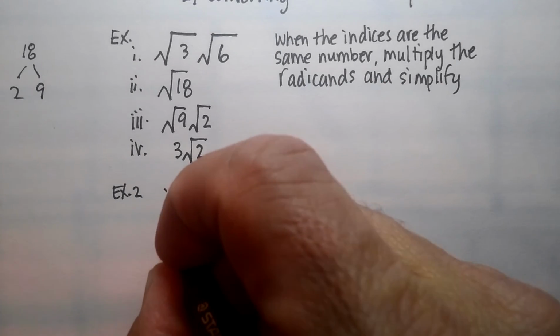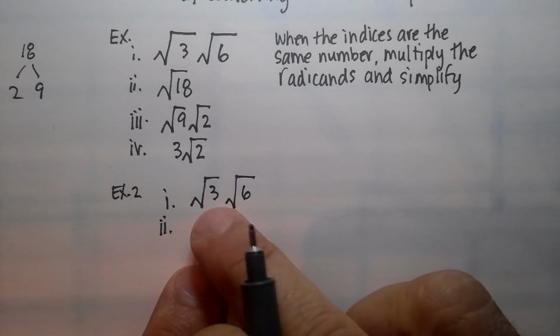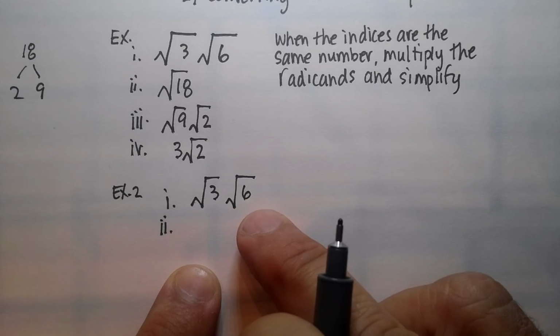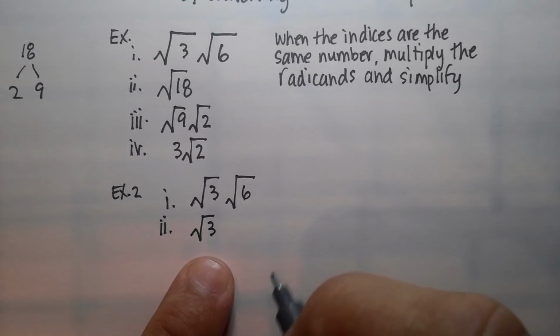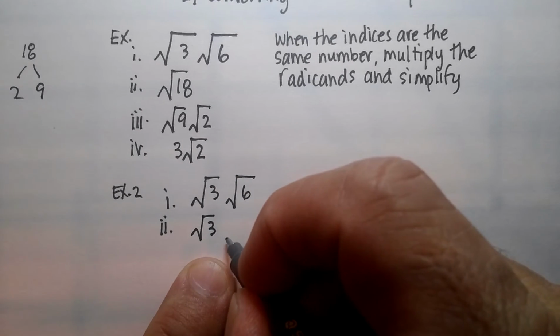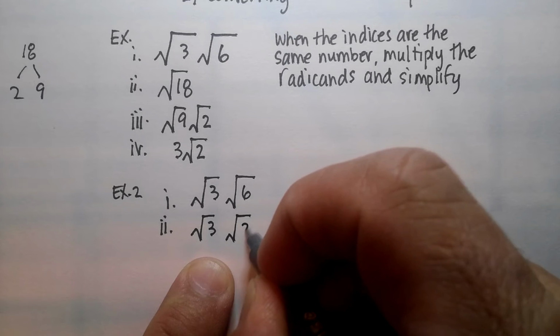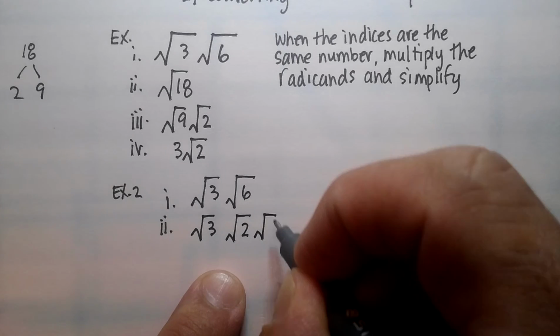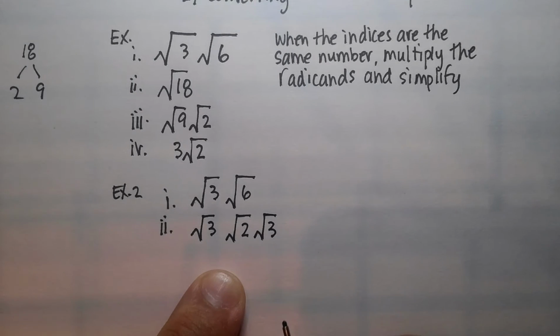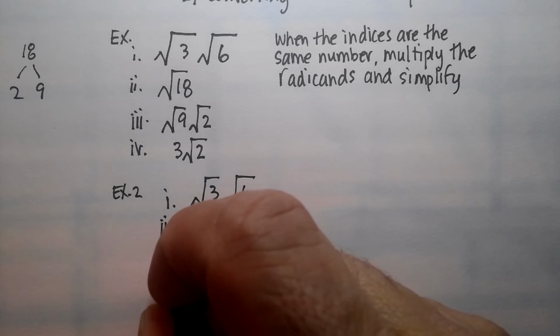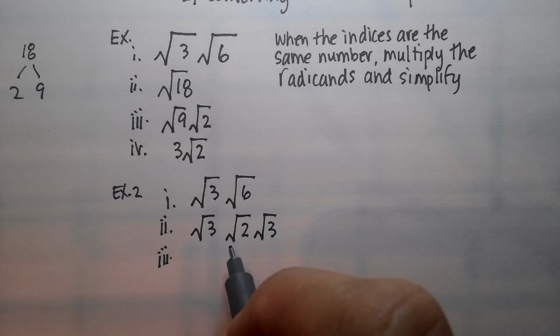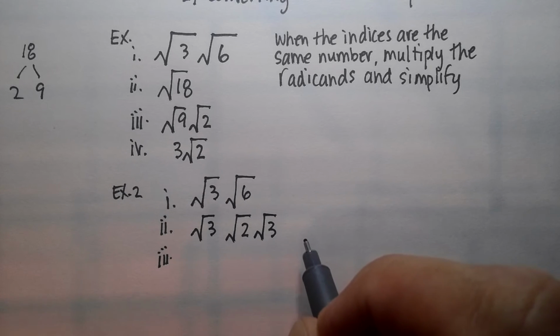Now in this method, what we're going to do is prime factor each of the radicands. So 3 is already a prime factor, so we leave that one alone. 6 is made up of radical 2 times radical 3. Now we're going to take each of these individual radicands and convert them to the fractional exponent.